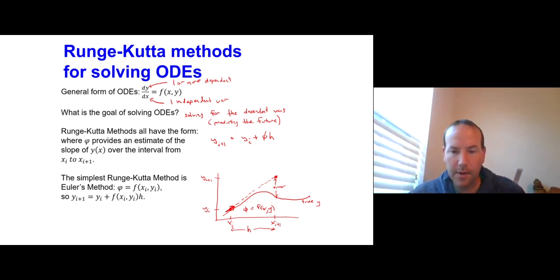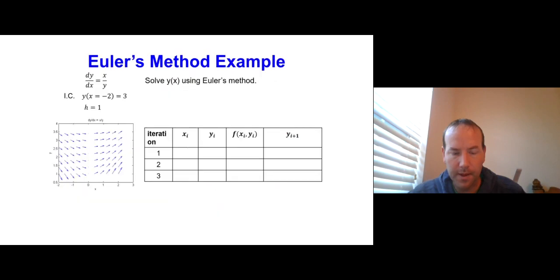So this is just a schematic of what this looks like, and it will look like this in general. But let's now look at it for a real problem. We're solving a differential equation, dy/dx equals x over y, using Euler's method.